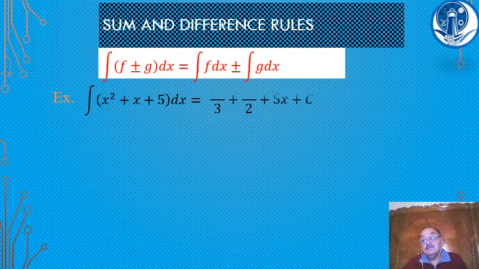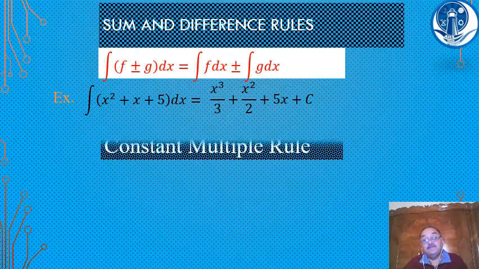Then the integration of x squared is x cubed over 3. The integration of x is x squared over 2. Plus the integration of 5, which means 5 x power 0, it will be 5x, plus c.